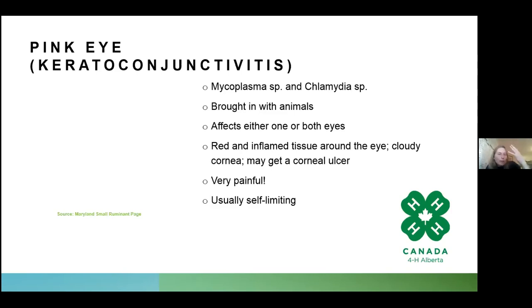So if you can put a patch on it, it can help. And you can also sometimes put ointments, eye ointments, directly on the eye. It is usually self-limiting, so despite us treating it, it will get better unless that eye is damaged and the cornea has a big hole in it. Really bad looking eyes can get better.